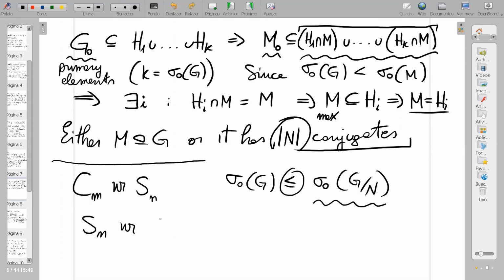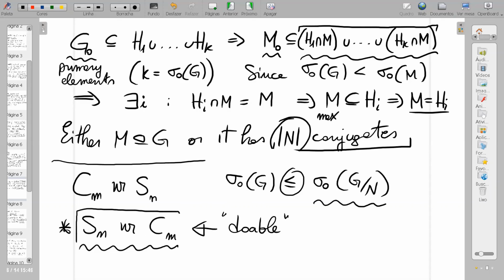So this should be doable. I would say this would be easier to do than the other one, because here you can construct elements that look like permutations.